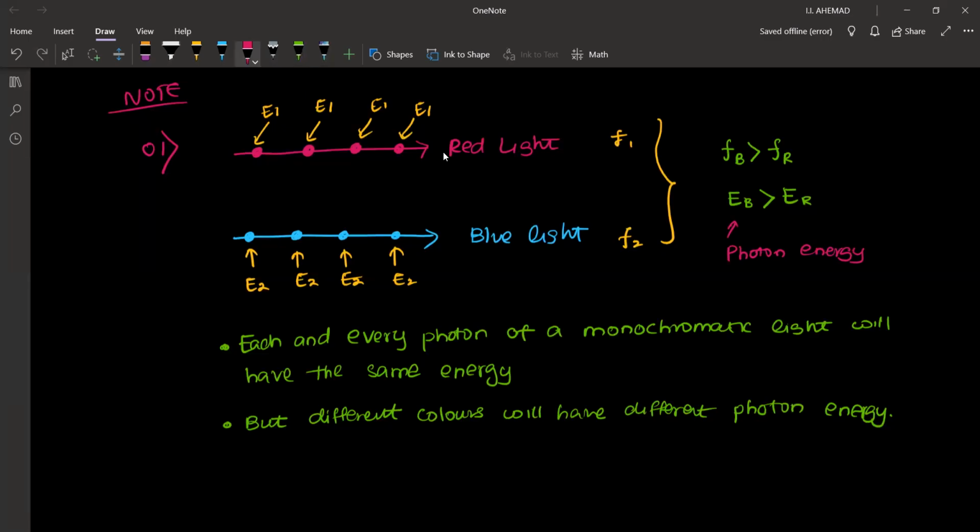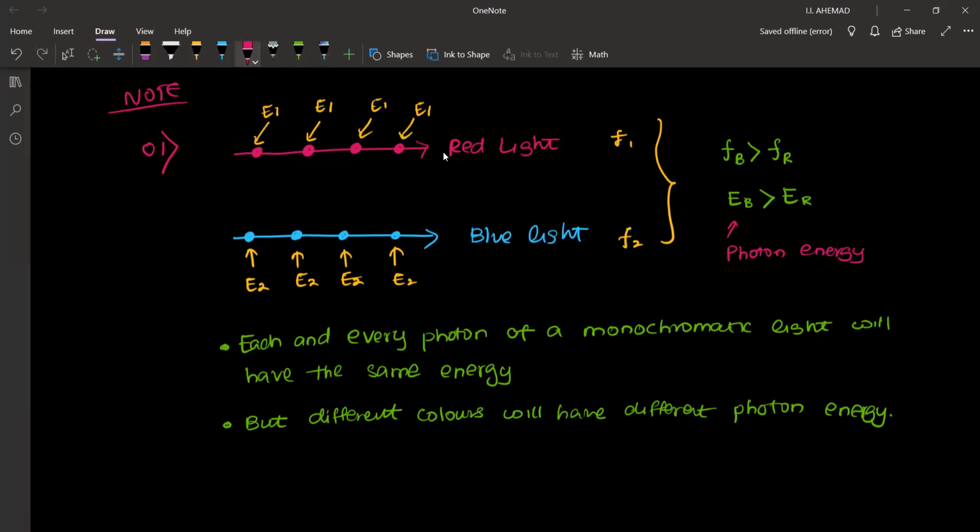Because E is equal to hf, the energy of a photon. For red color light, we will have a constant frequency, therefore the energy is constant. So each and every single photon will have a certain energy E1.